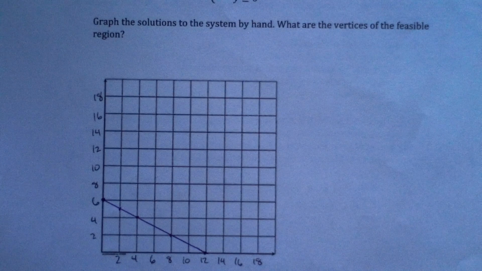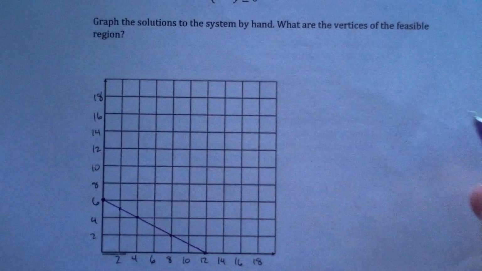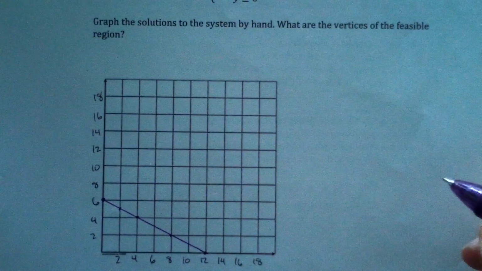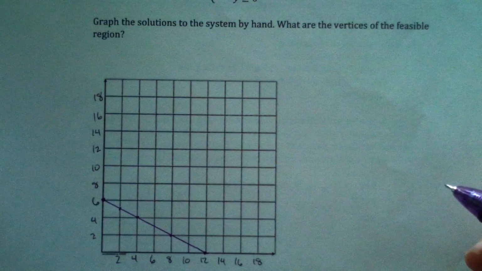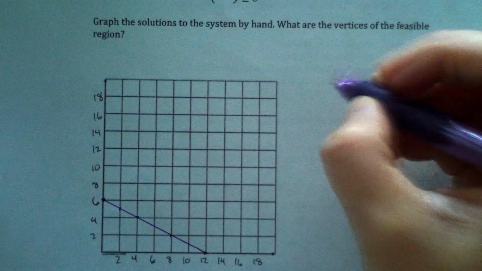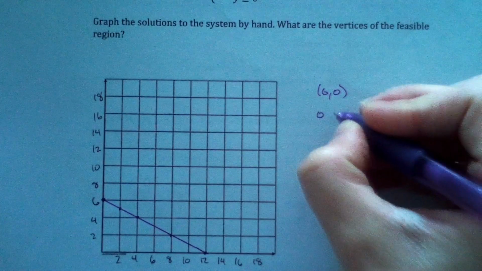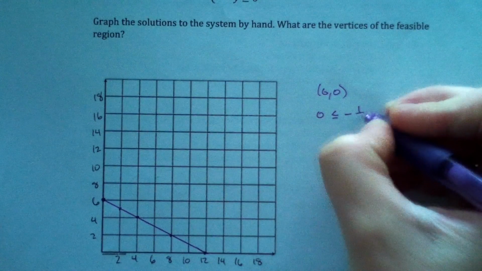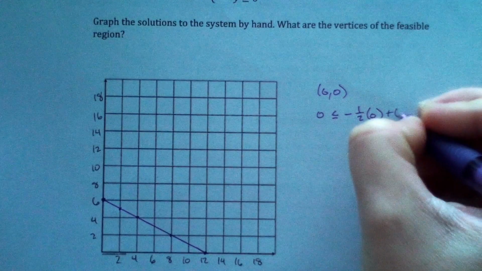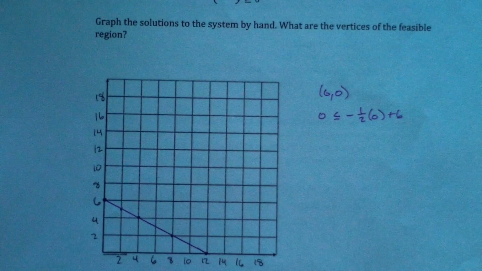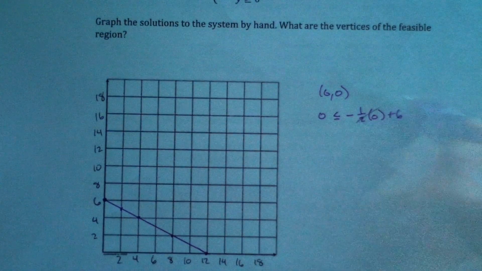And again, it's going to be solid there because it's equal to. And then if it's greater than or equal to 0, where do we shade? Yes, to the right. Everything to the right is shaded for that guy.